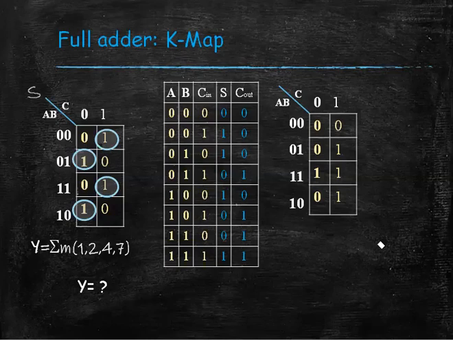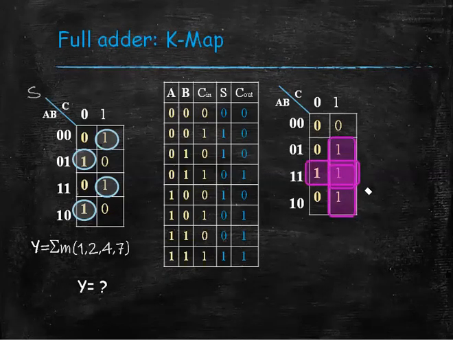Okay, how can we pair them? The first pair is this one, the second is one upward, and the third is this one. Then it is a 3 variable map.